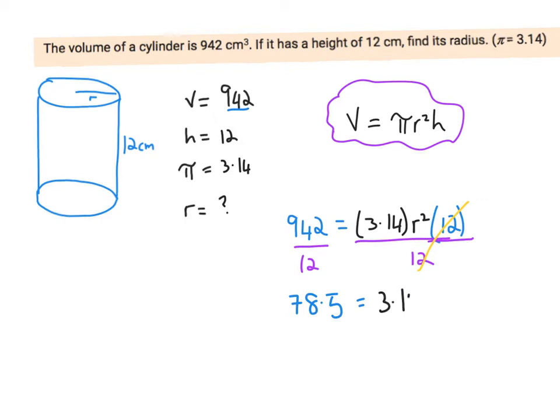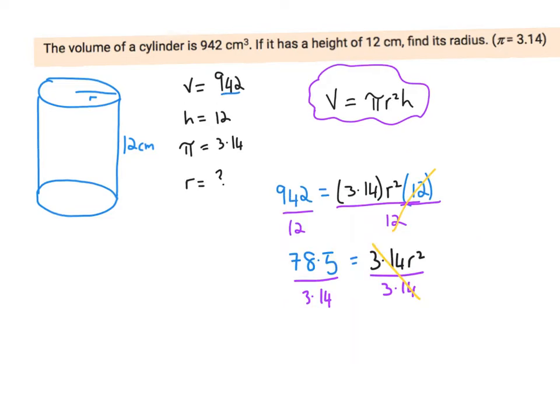our 3.14 r squared. So again, I'm going to divide here by 3.14, so I'll also divide here by 3.14. Again, our 3.14s on the right hand side have cancelled. So dividing that in on our calculator, we get 25, and that's equal to r squared.